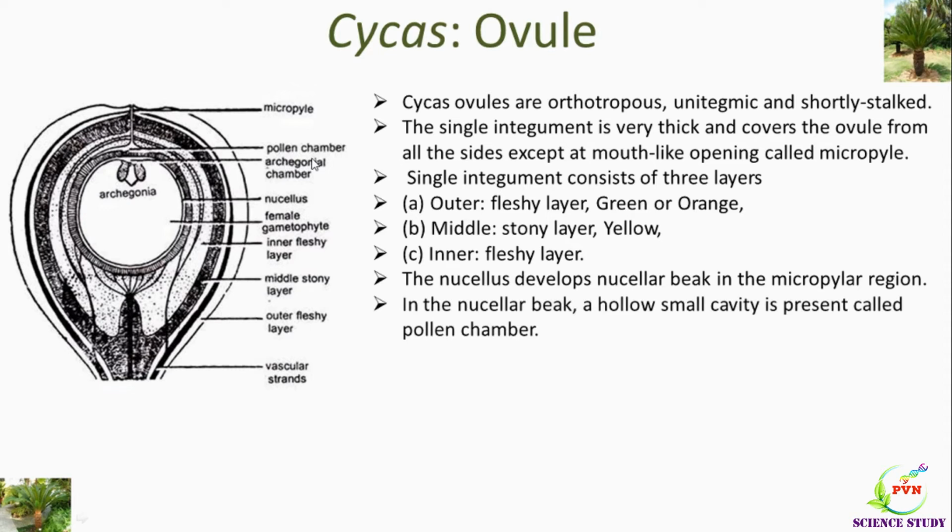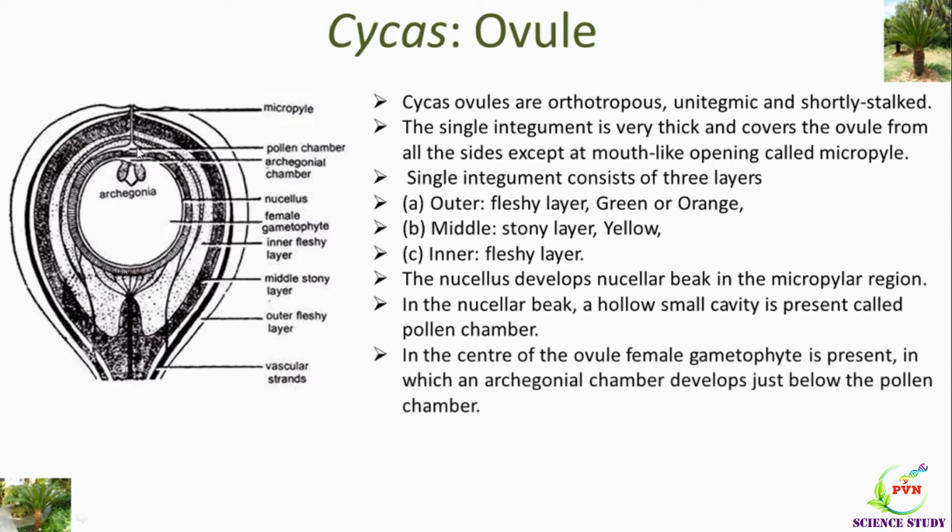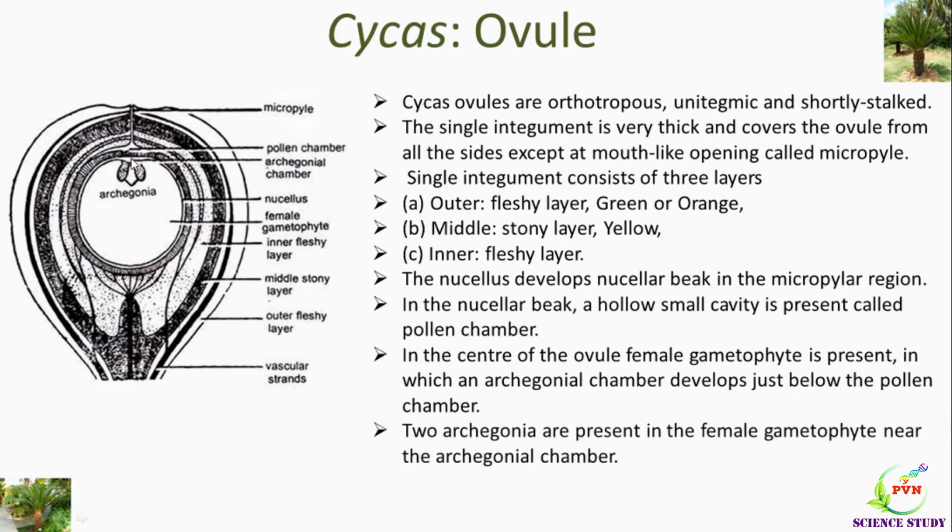It is named pollen chamber because the pollen grains are deposited here during the process of fertilization. In the center of the ovule, the female gametophyte is present, in which the archegonial chamber develops just below the pollen chamber. So this is the archegonial chamber, and in this archegonial chamber two archegonia are present.